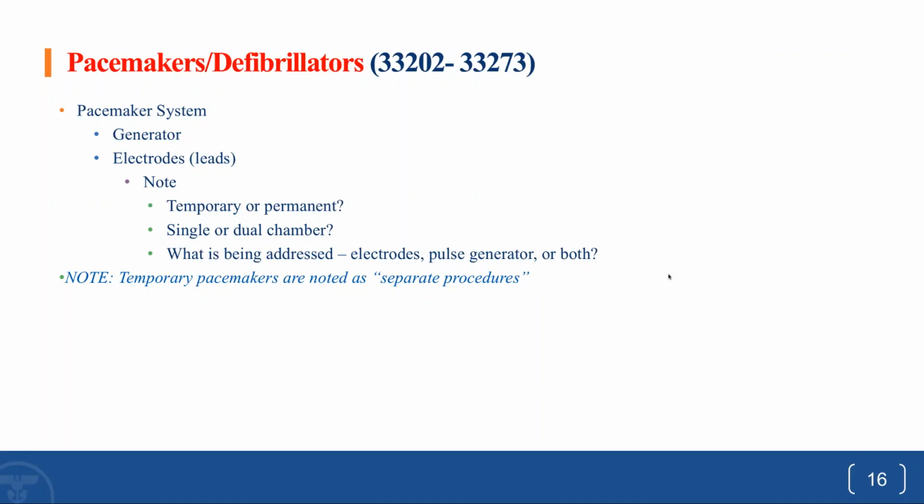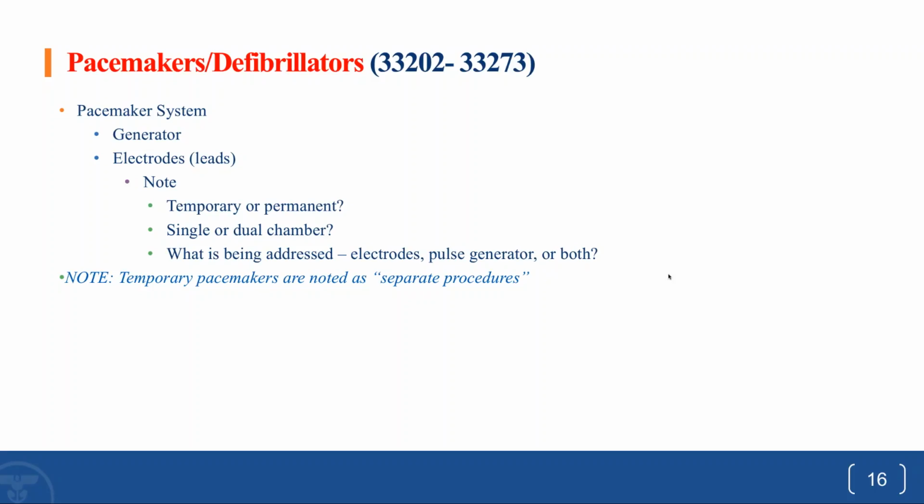So on page 195 in your 2016 CPT book, you'll see a chart. This is the pacemaker and defibrillator. It's basically two systems. Sometimes pulse generator is what they call the battery, or the battery is also called a pulse generator.